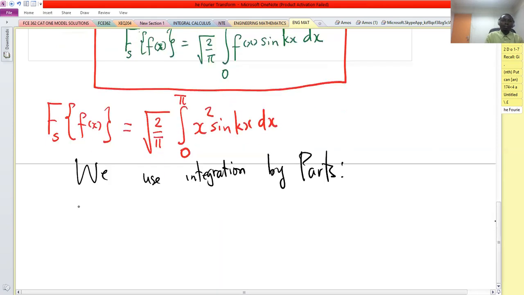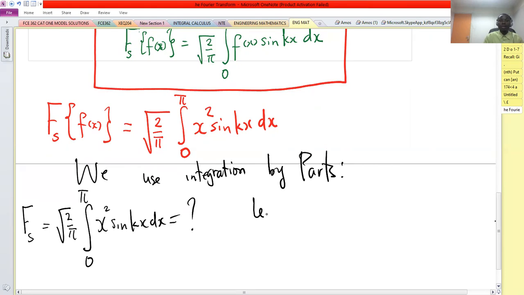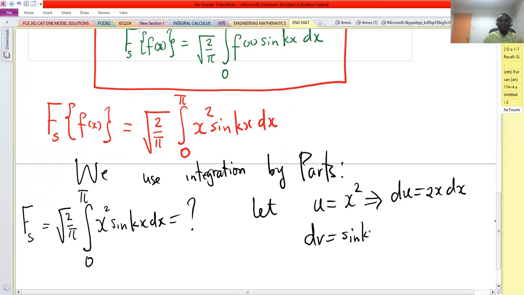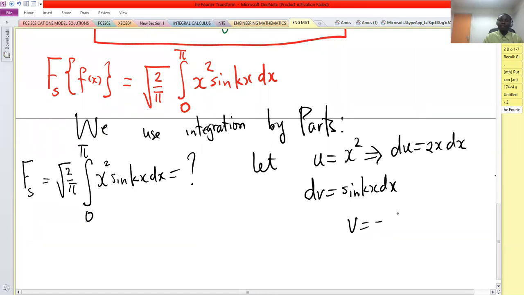So, F sub s is given by the integral from 0 to pi of x squared sine kx dx. We let u be x squared, which gives du equal to 2x dx. dv is sine kx dx, and on integrating this we get v to be minus cos kx over k.